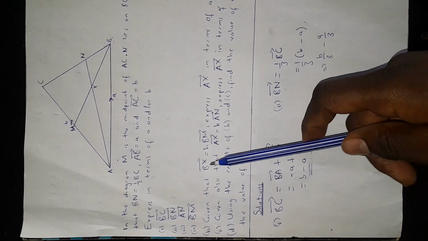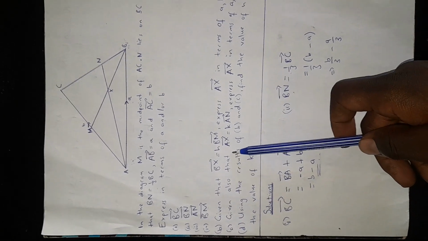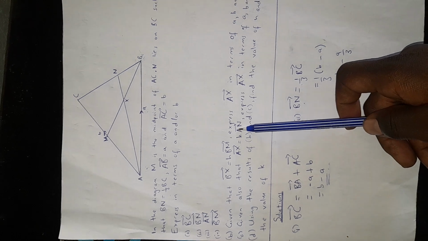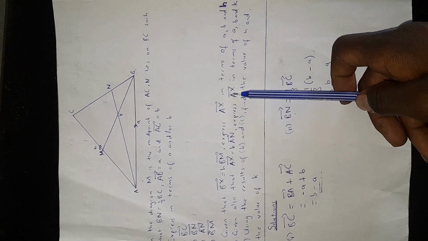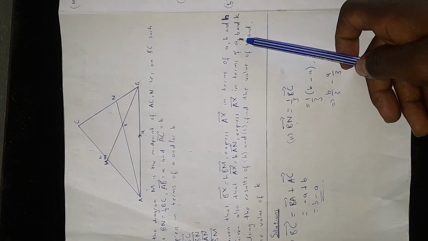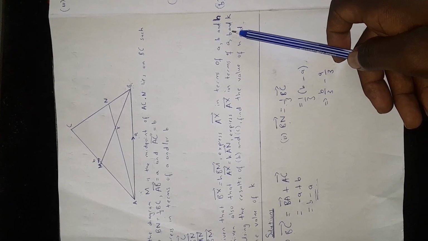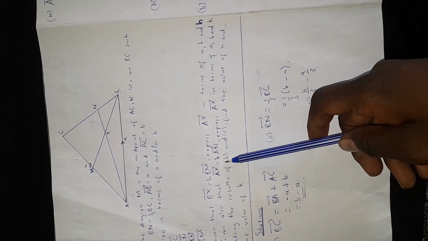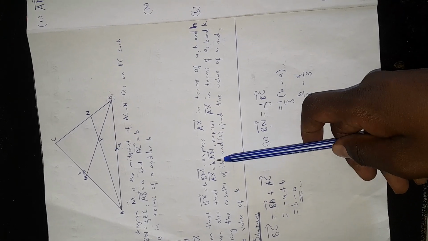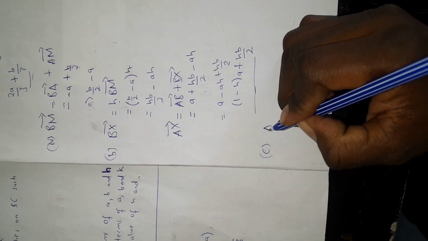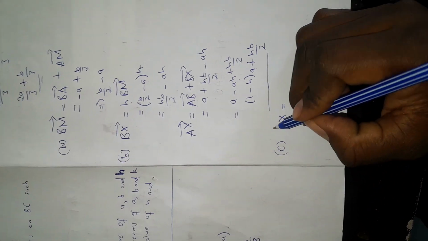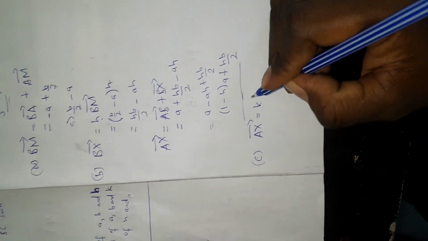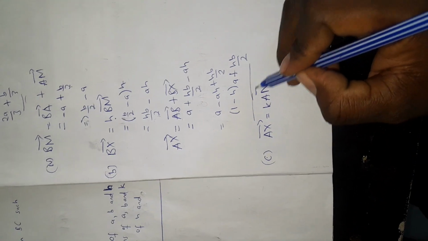Then I'm moving to part C. They are saying that given also that AX equals KAN, express AX in terms of A, B, and K. So AX equals KAN, like this.